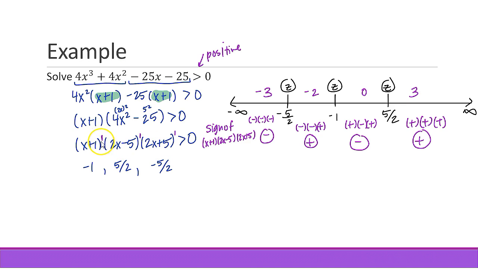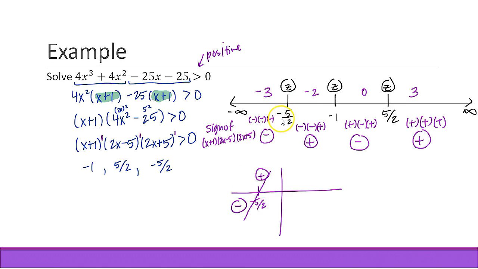It means that we're going to cut through the x-axis. So let's say if I did a tiny graph real quick, and this is -5/2. Well, we were negative, we were below the x-axis, and if we have to cut through the x-axis, we're going to switch from negative below the x-axis to positive above the x-axis.